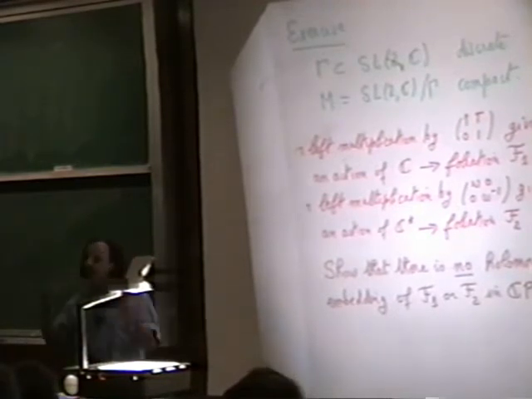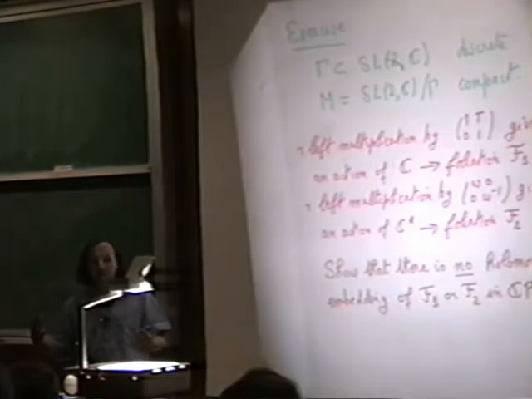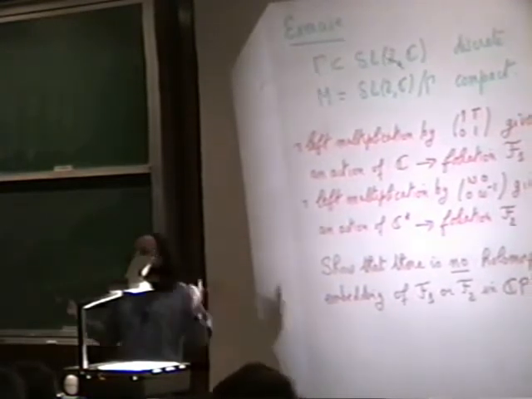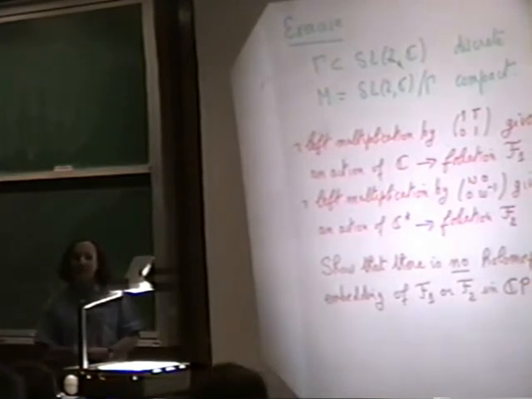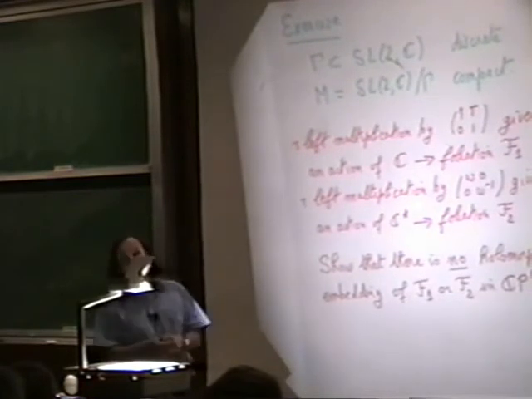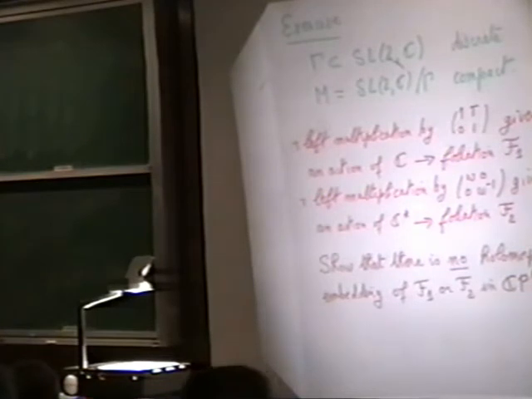So really, on this real compact 6-dimensional manifold, we have two nice examples of Riemann surface laminations: orbits of C and orbits of C star. So the complex structure is obvious. And the exercise, for the experts and also for the others, is to show that it's not always true that you can embed in complex projective space. The exercise shows that none of these two examples can be holomorphically embedded into some complex projective space.